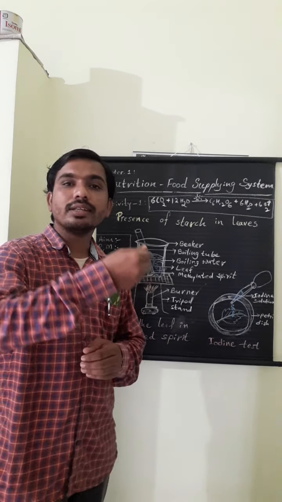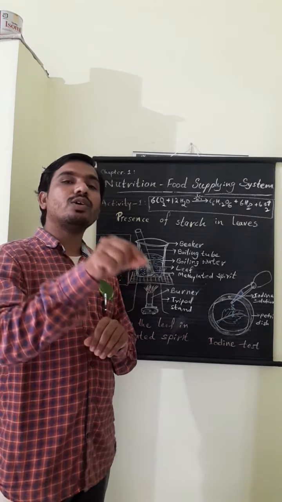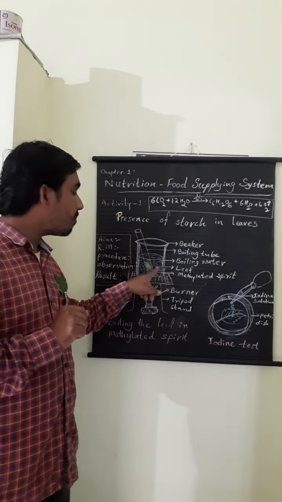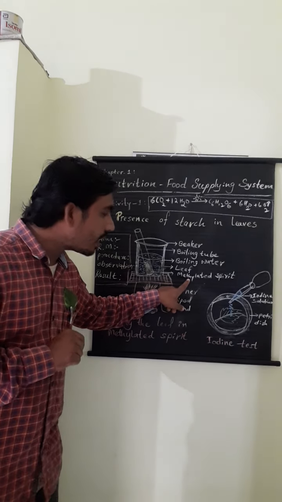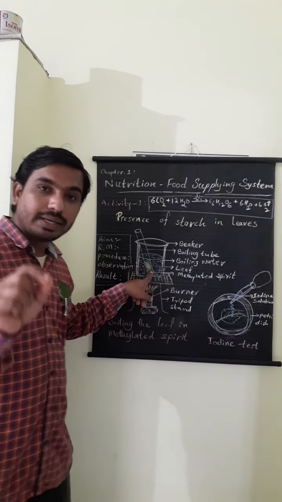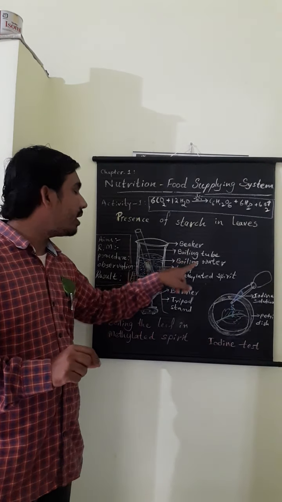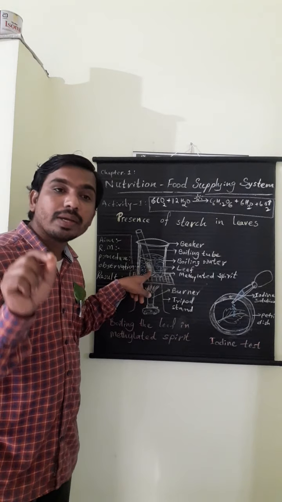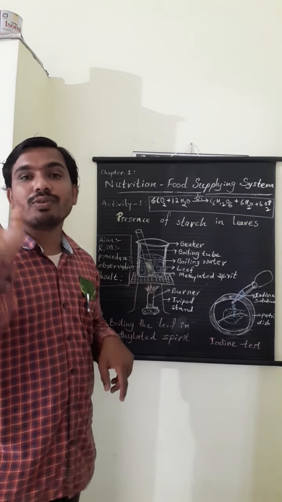After that, you collect the leaf and place it in the test tube which contains methylated spirit. What will happen when you place it in the methylated spirit? When you place a boiled leaf in methylated spirit, the chlorophyll pigment is removed from the leaf.